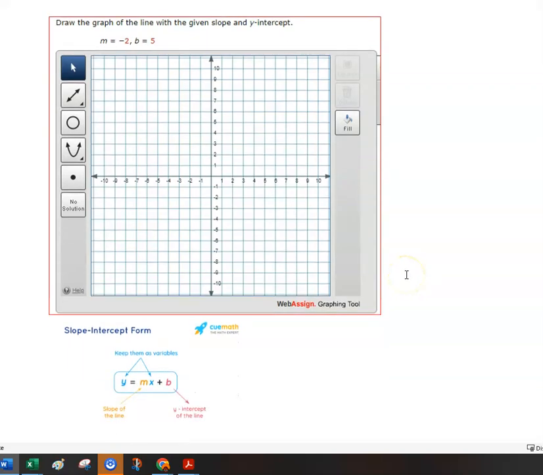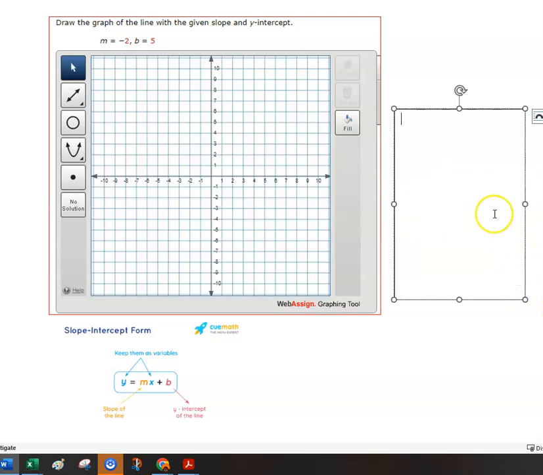So I brought this equation back. It says draw the graph, but you're given only the slope and the y-intercept. So what we will do in this case, I'm going to create a little box and put it in this form. y equals.